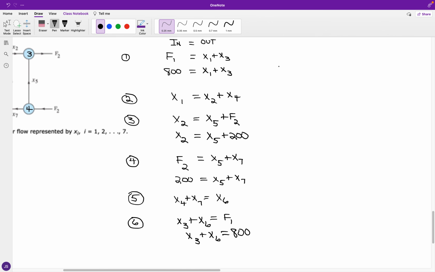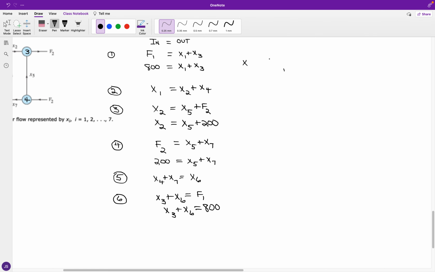Okay, so out of the junctures, we're just setting up our system of equations. For the first, you have x of 1 plus x of 3 is equal to 800.